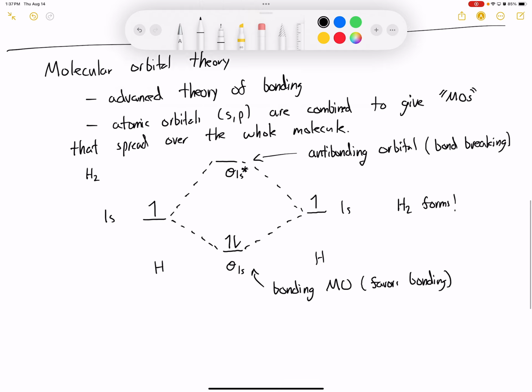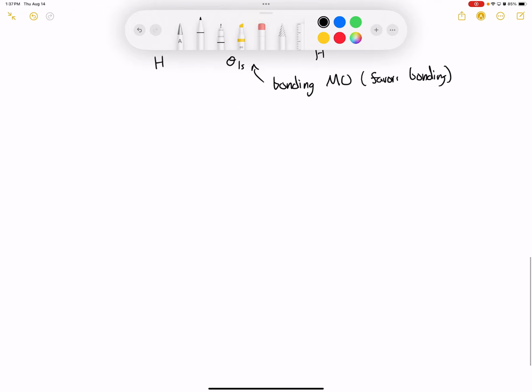Trust me, MO theory gets a lot trickier, especially when you're talking about compounds with more than 2 or 3 atoms, especially with metals. I don't know if you guys talked about that in 1B, but there are a lot of MO diagrams in metal complexes. All right, so now let's talk about Lewis structures.